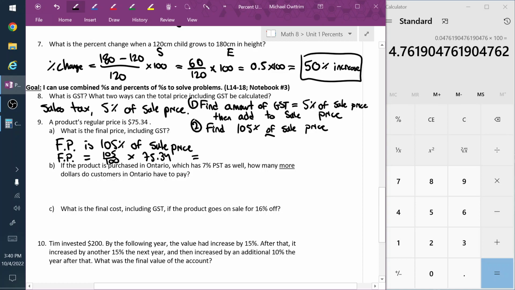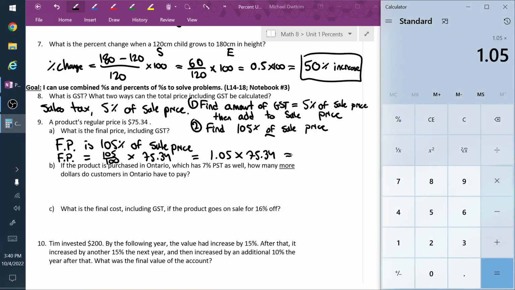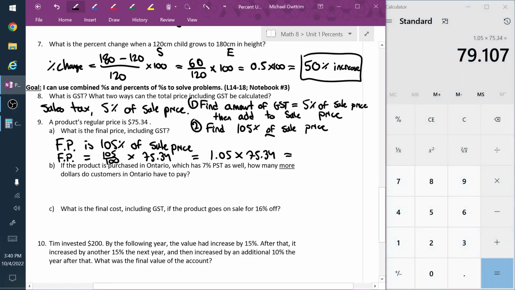That is going to be equal to 1.05, converting that fraction to a decimal, times 75.34, and 1.05 times 75.34 gives me $79.107. Now, dollars always only has two decimal places, so I'm going to round here and say $79.11.